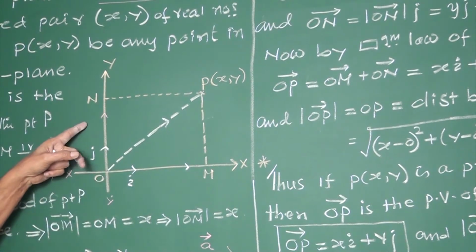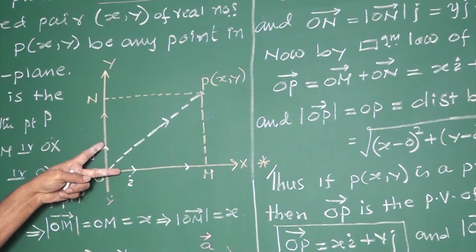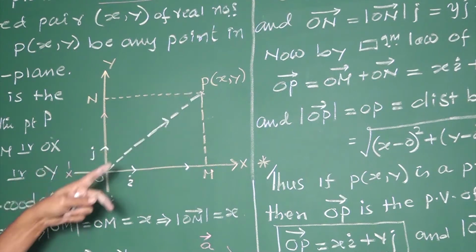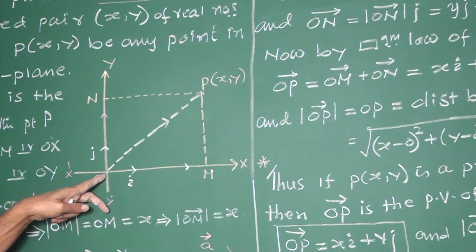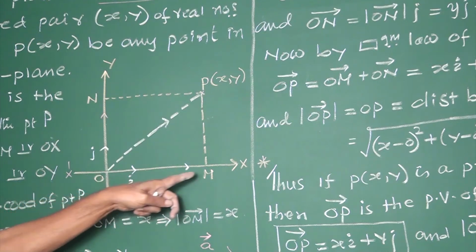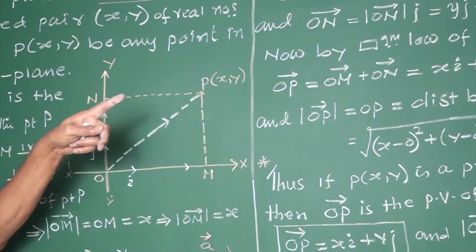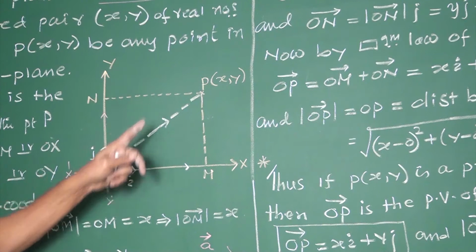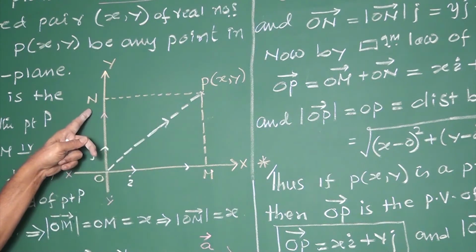OM and ON are the adjacent sides of the parallelogram. OP is the diagonal starting from the same co-initial point O. Therefore, from the parallelogram law of addition, vector OP equals vector OM plus vector ON.